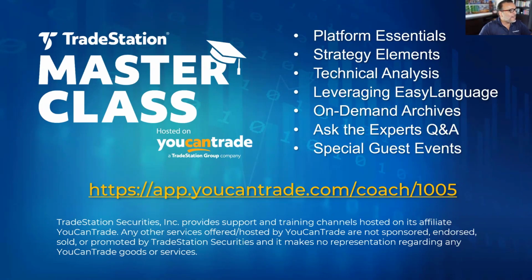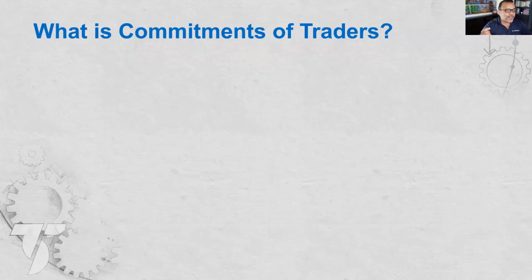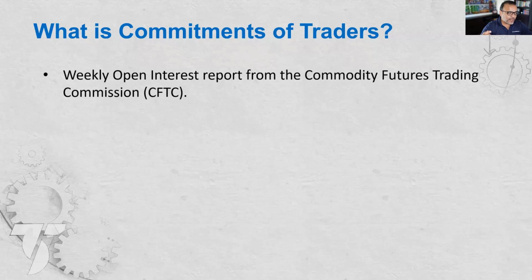So let's go ahead and get started. What is commitments of traders? First of all, the Commodity Futures Trading Commission oversees all the trading activity that happens in futures. There are certain trading levels that are reportable, and these are established by the CFTC.